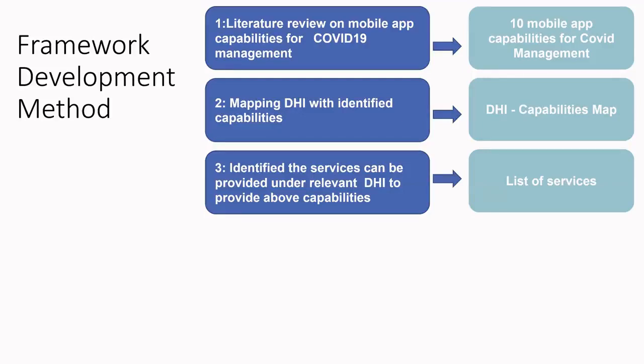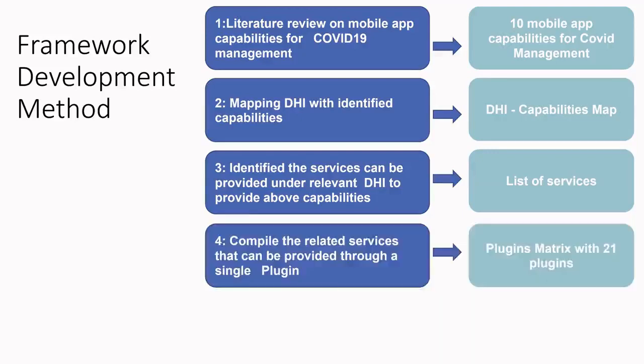We want to identify what specific services the user needs. In this example, the user may need to get vaccine related information and news. That is a kind of service. Like that, we listed all the related services. At the end of this exercise, we have the list of services as well.